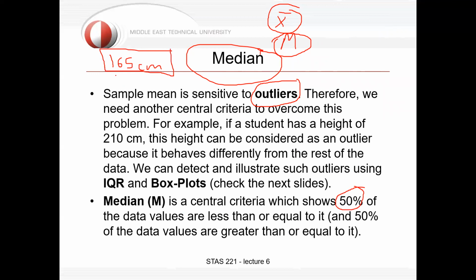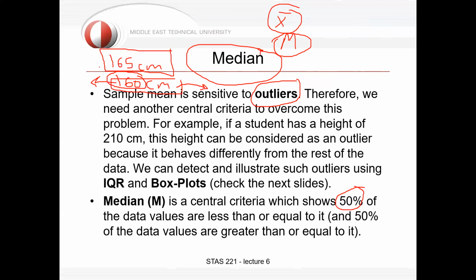When I talk about median, I say 160 centimeter is the median of the height of students in that sample. It means that 50% of students have smaller values for the height than 160 centimeters, and half of the students have higher value for that. It means that half of the students are shorter, half of the students are taller.